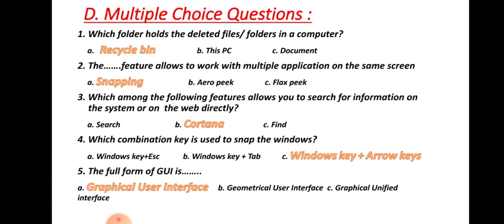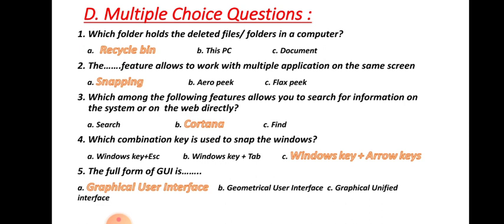The dash feature allows to work with multiple applications on the same screen: snapping, arrow peek, flex peek, and the correct answer is snapping. Third one, which among the following features allows you to search for information on the system or on the web directly?